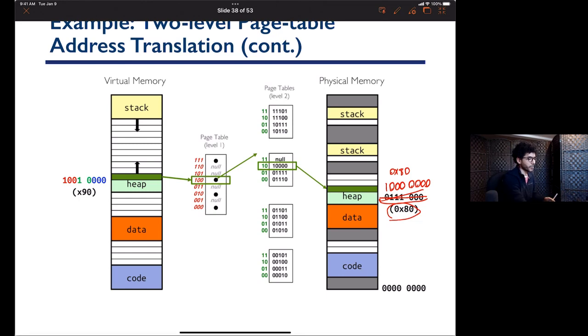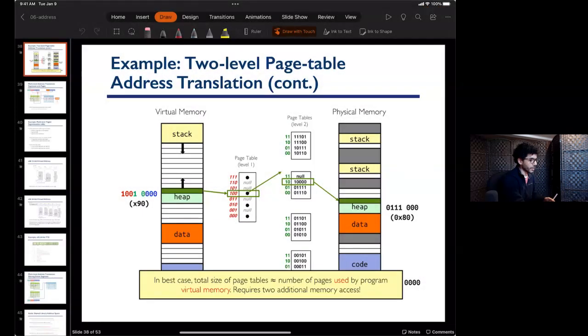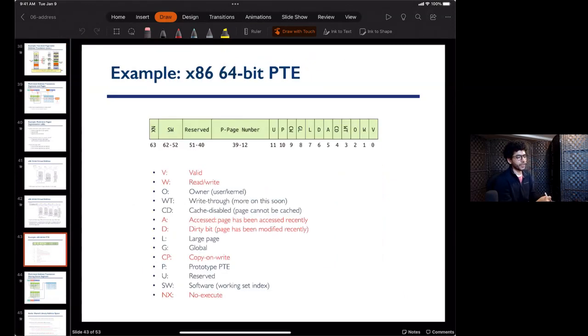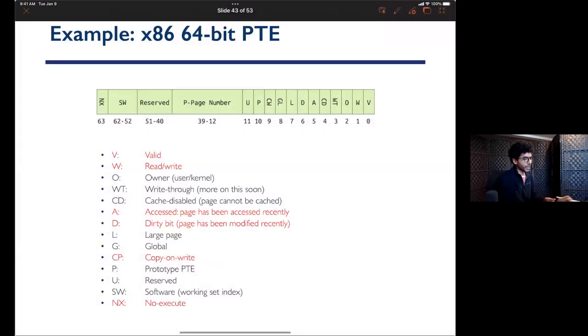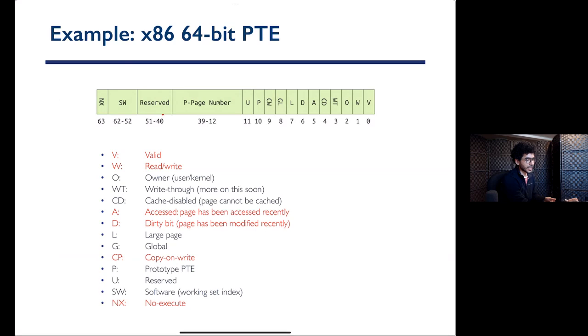Now, going back to what we were discussing, page table entry. If you remember, I had these reserved and software bits in my page table entry. Sometimes operating systems use these bits to store information. This physical number is basically the address in the physical memory.